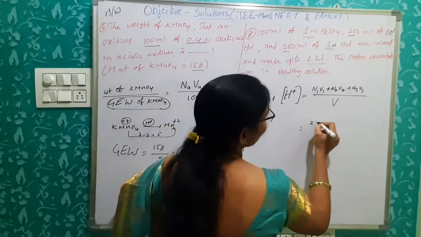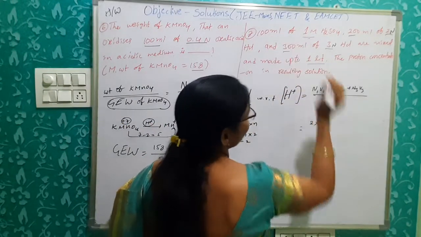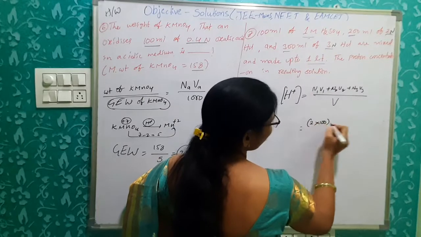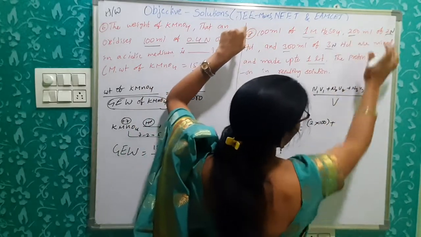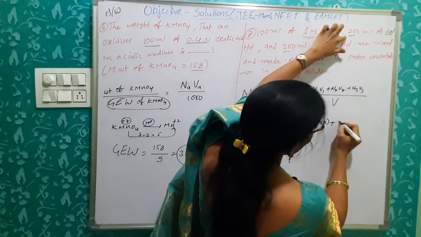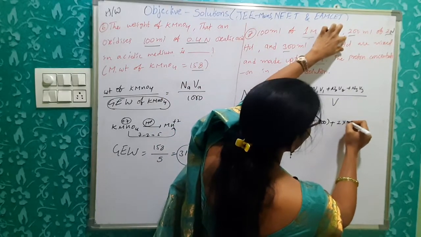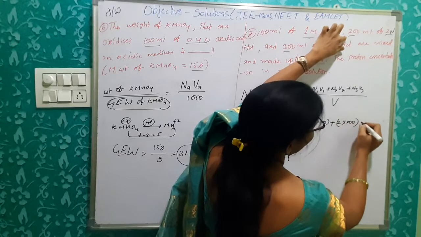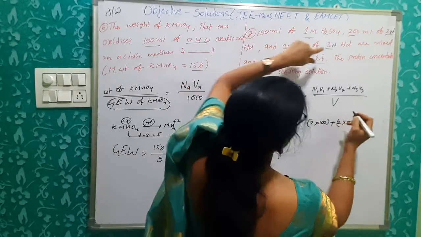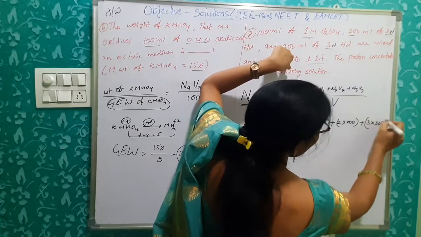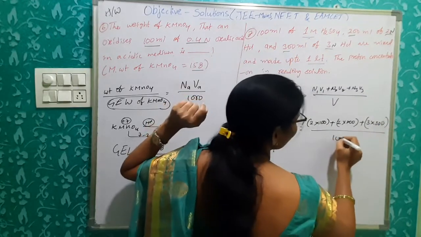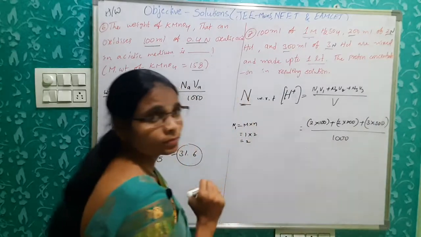So simply here 2 into 100, plus 200 ml of 2N, means normality 2 into 200, plus normality 3 into 300, by total volume 1 liter, means 1000 ml.